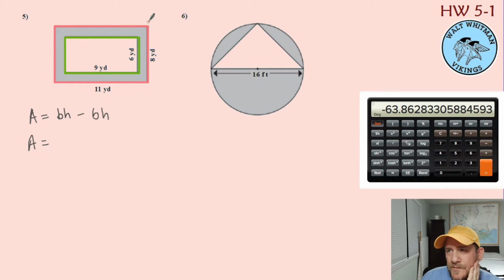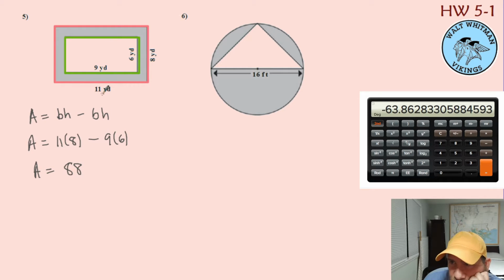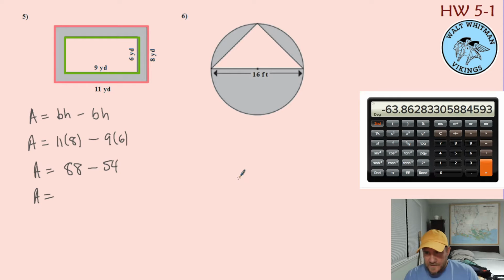So for the larger pink rectangle, it's 11 by 8. And for the smaller green rectangle, it's 9 by 6. So we're looking at 88 square yards minus 54 square yards. Can I do this in my head? I think I can. Looks like 34. So that shaded area is 34 square yards.